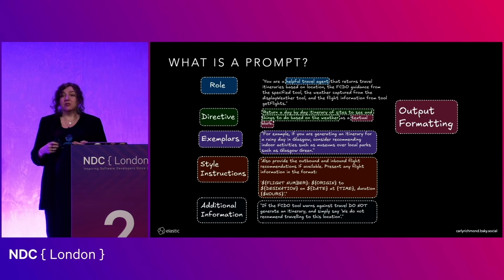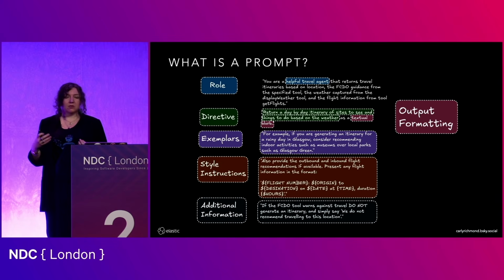The directive is the next. So the directive, much like prime directive, is basically the instruction. What do you actually want it to do in simple terms? We've got the output formatting, which is basically what format do you want it to be in? Now, most people think, oh, well, that's going to be text. Actually, LLMs can generate objects and structured data, which we'll talk about later. We've also got examples.